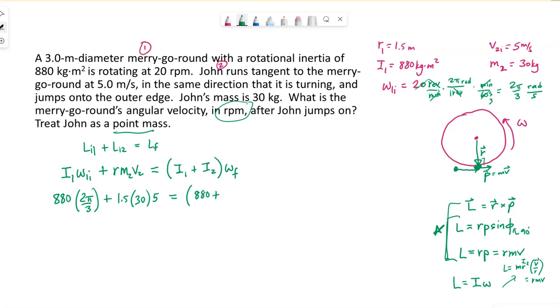So 880 for I1. I2, again, a point mass is a hoop essentially. Well, it's not a hoop. It's the same equation as a hoop, I should say. The mass is concentrated a distance of r away, so I is mr squared for a point mass. So mr squared omega final. So let me plug these numbers in.